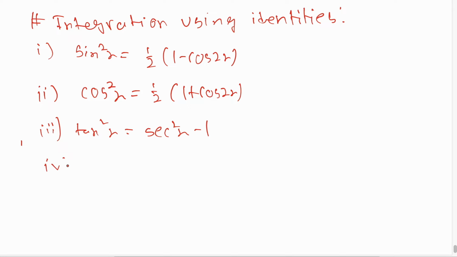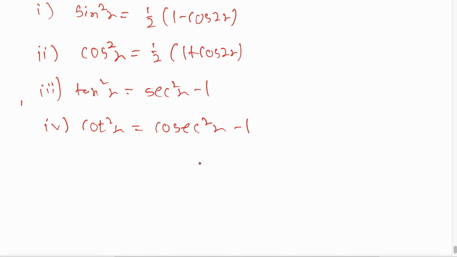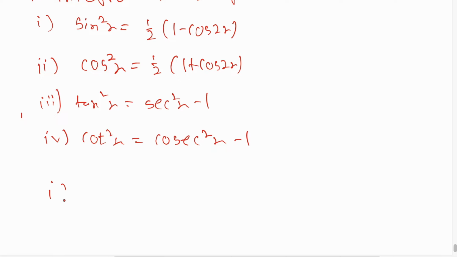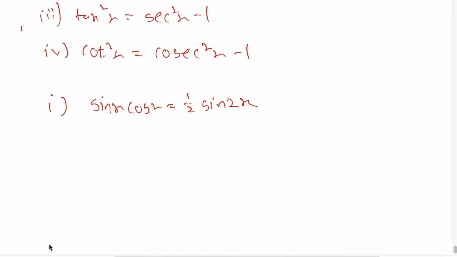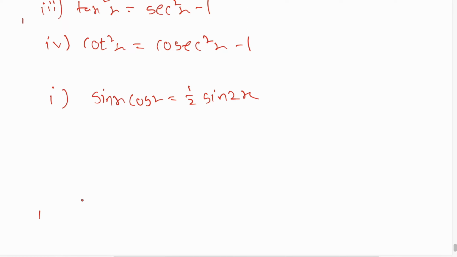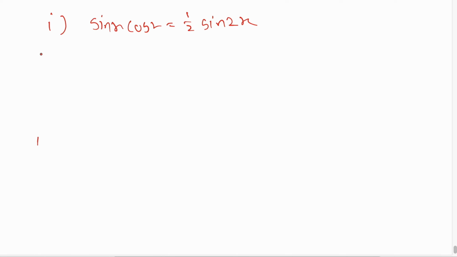Similarly, number 4, cot square x is equal to cosec square x minus 1. Then come for this: sin x cos x is equal to half sin 2x.